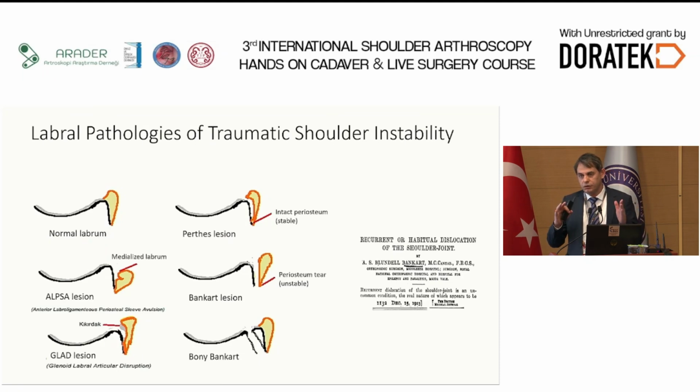Apart from the location of the tears, there's a type of the tears. This is a pathology, it can be changed. Here, you can see the classic Bankart lesion is the periosteal avulsion with tear of the labrum, and the ALPSA lesion, the most seen ALPSA lesion, is the lesion that is more medialized after tear.